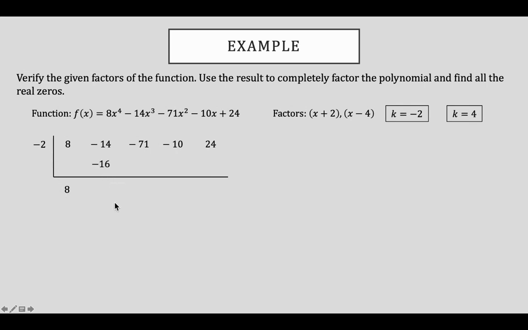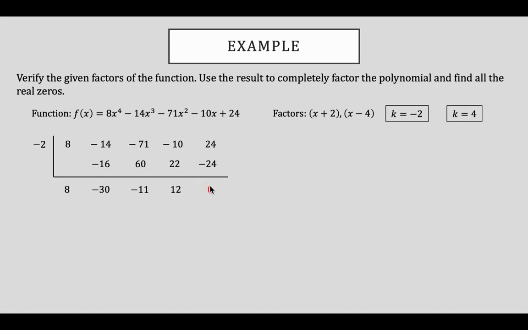We add vertically, that gives me -30. -30 times -2 is a positive 60. -71 plus 60 gives me -11. -11 times -2 gives me a positive 22. -10 plus 22 gives me a positive 12. 12 times -2 gives me -24, and 24 plus -24 gives me 0 for my remainder.